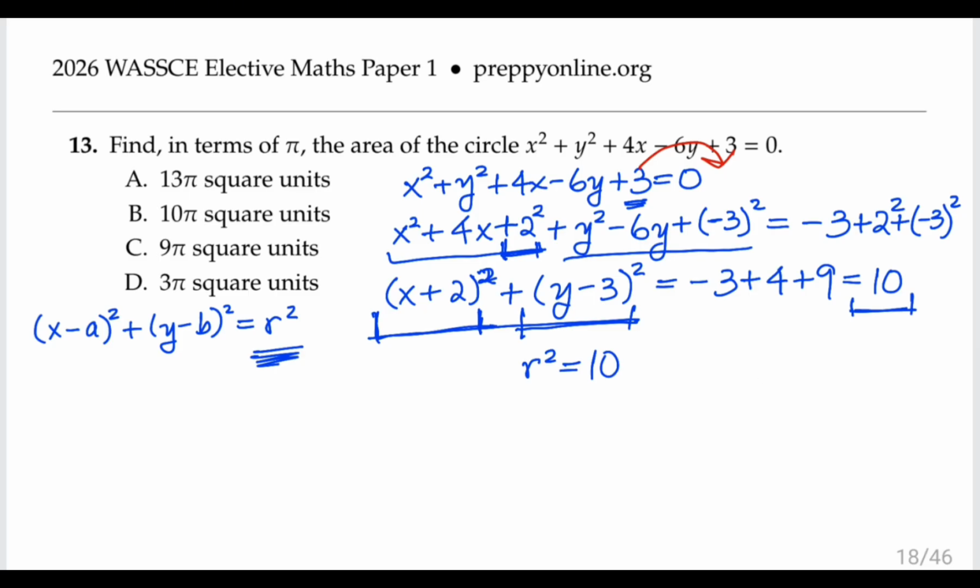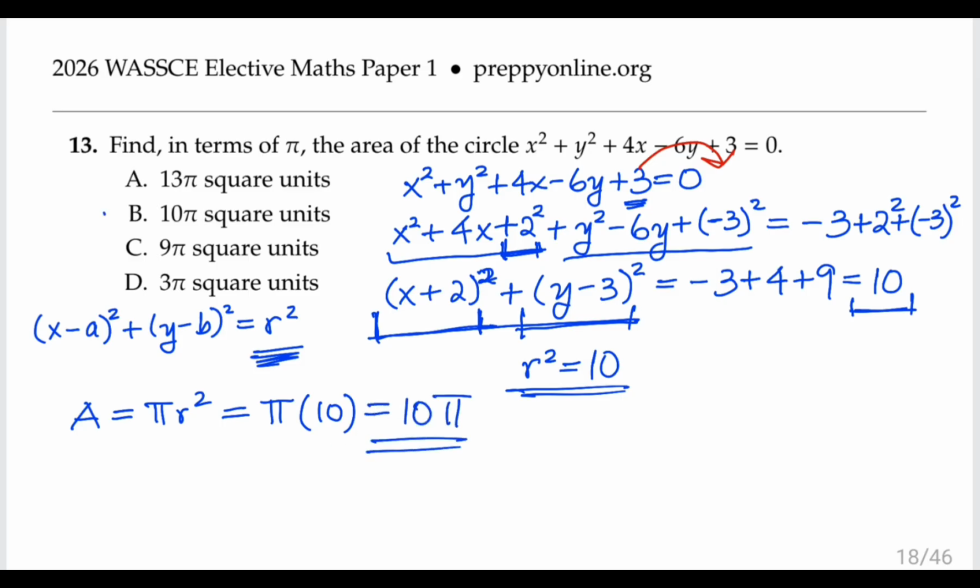So if you want to get the area, given that the formula for the area of a circle is pi r squared, if our r squared is 10, then our area is pi times 10, which is equal to 10 pi. So that makes our answer B.